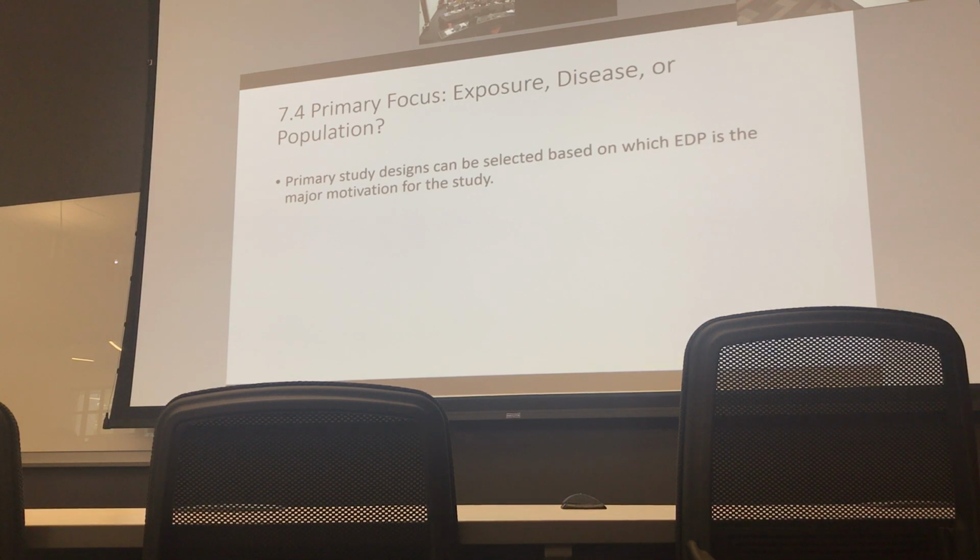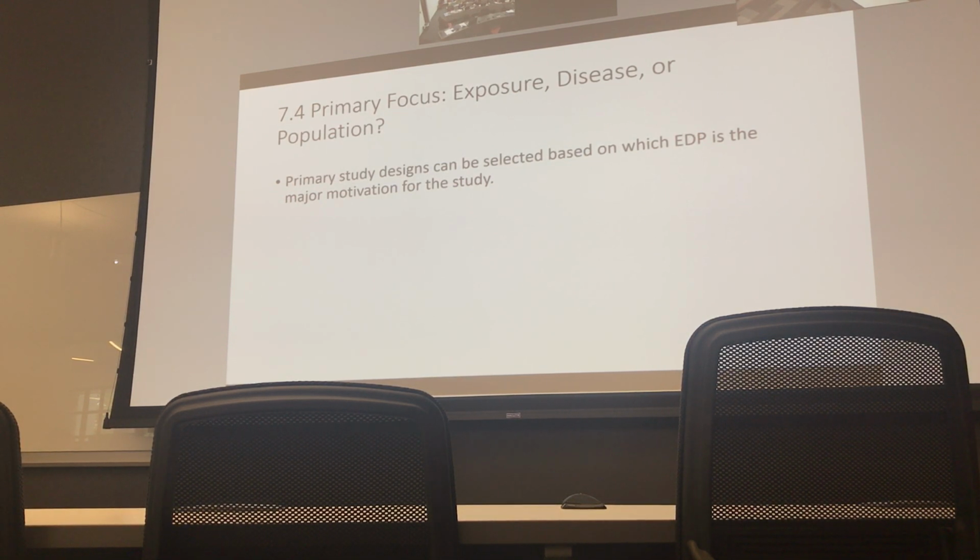I might put in some other terminology in there in terms of exposure, disease, and outcome, but essentially EDP is exposure, disease, or population. So primary study design can be selected based on the exposure, the disease, and the population. That's one of the main take-homes of primary study.